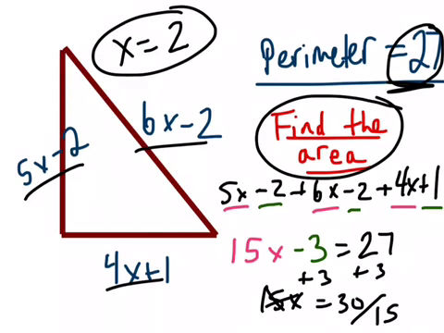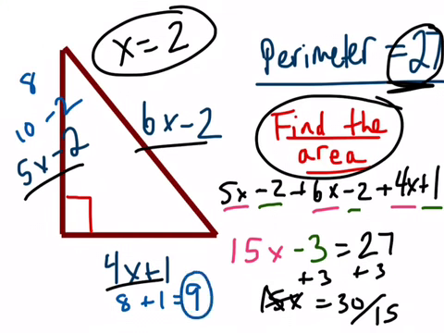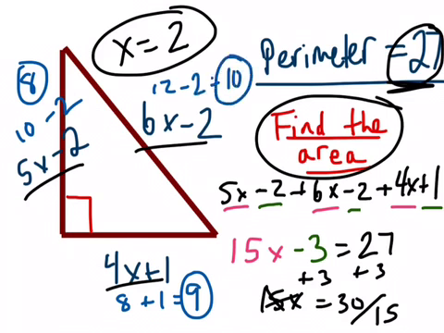And for the purpose of this question, we'll assume that this is a right triangle. That'll be important later for the same reason we just discussed. So we plug 2 in here. 4 times 2 is 8, plus 1, this is 9. 5 times 2 is 10, minus 2. This is 8. So we have 9, 8, 6 times 2 is 12, minus 2 is 10.